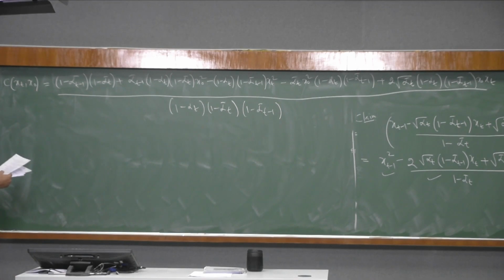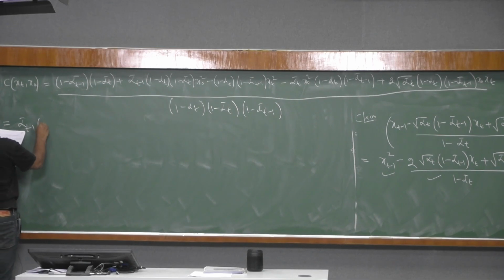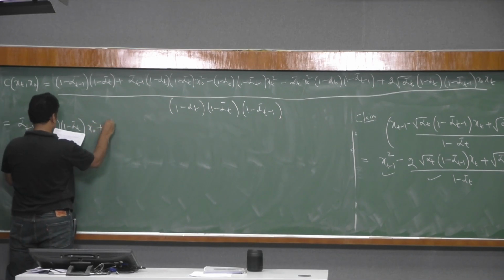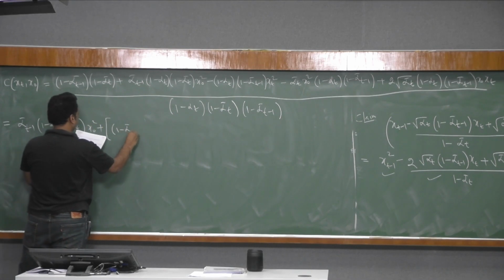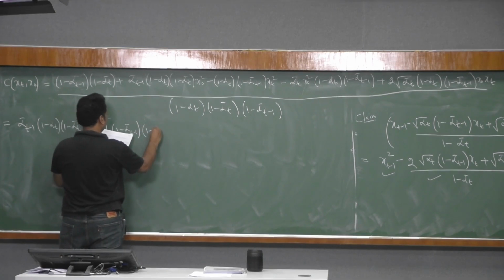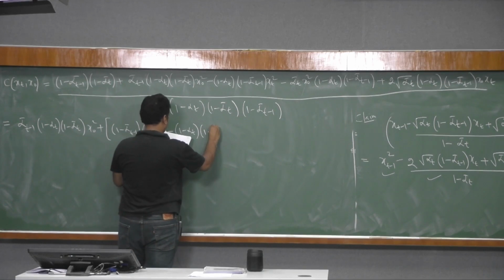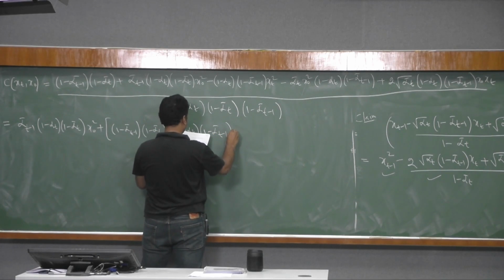And then here I will take things common. Let us say I take x naught common. So this is equal to alpha bar t minus 1, 1 minus alpha t, 1 minus alpha bar t, x naught square, 1 minus alpha bar t minus 1, 1 minus alpha bar t minus 1, minus alpha t, 1 minus alpha bar t minus 1.